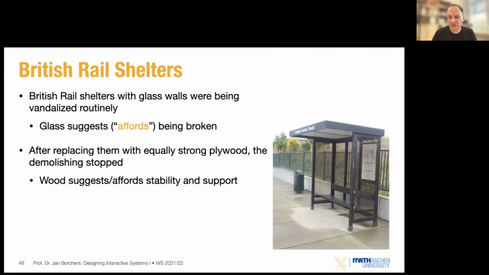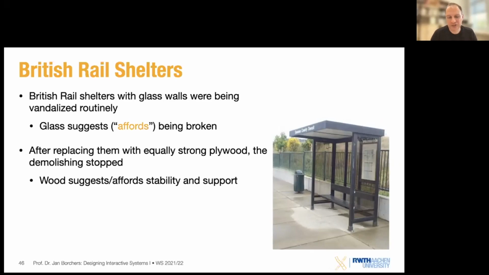And they were just as strong. They were no stronger than the glass walls earlier on. But guess what? The demolishing stopped. People stopped kicking them in, although it would have been just as easy to kick them in. But they weren't suggesting to be kicked in as much as a glass pane was. Right? The affordance was gone, the affordance to break them.